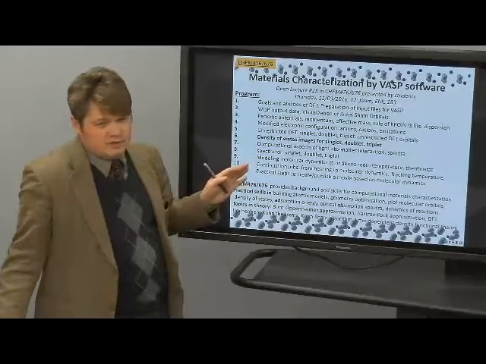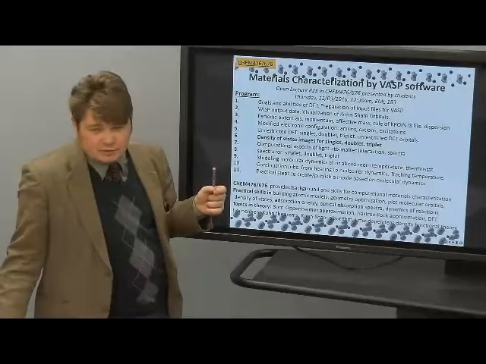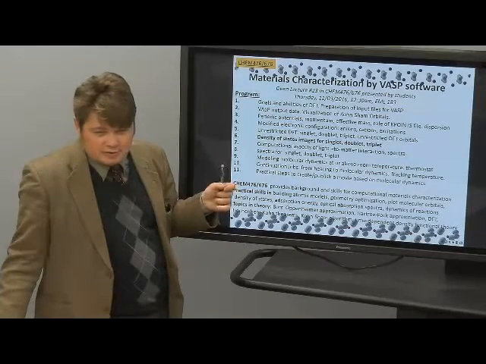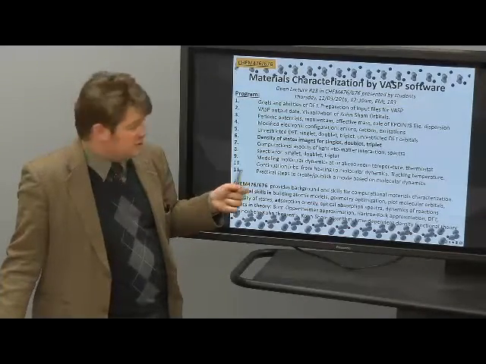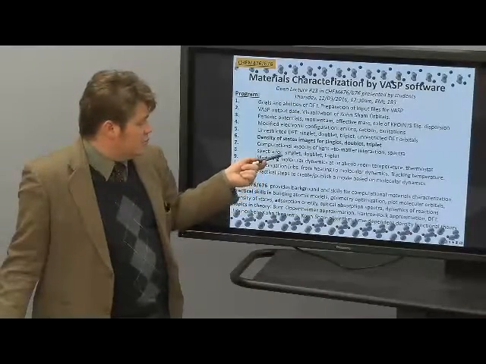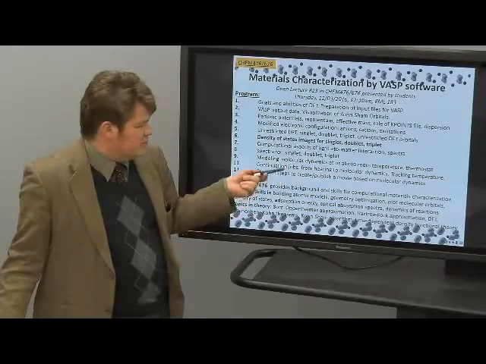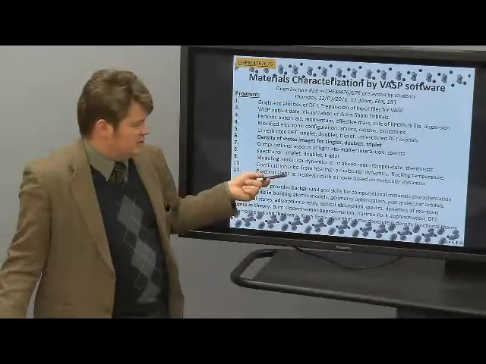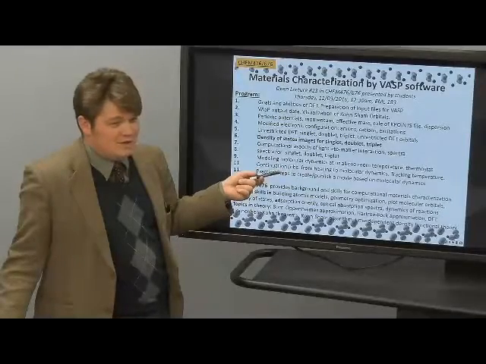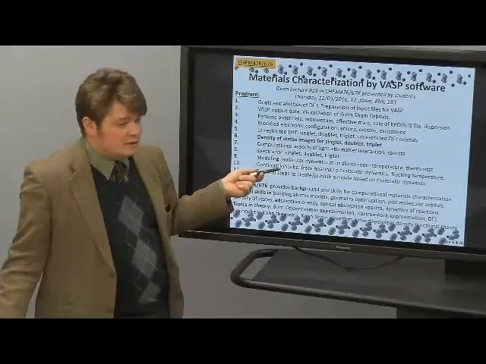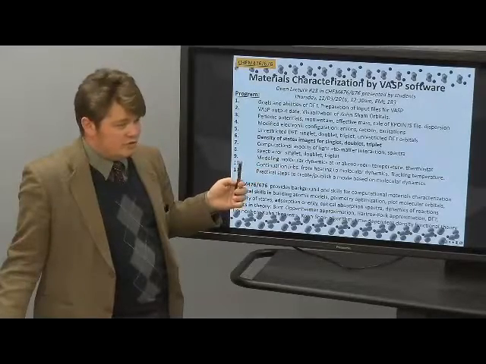And then there are some additional things, like taking different electronic configurations, like triplets, doublets, excited states. And the main chapter, which we will probably do last night before the presentations, and those who select it should be really brave, is molecular dynamics and conversion of molecular dynamics into movies.